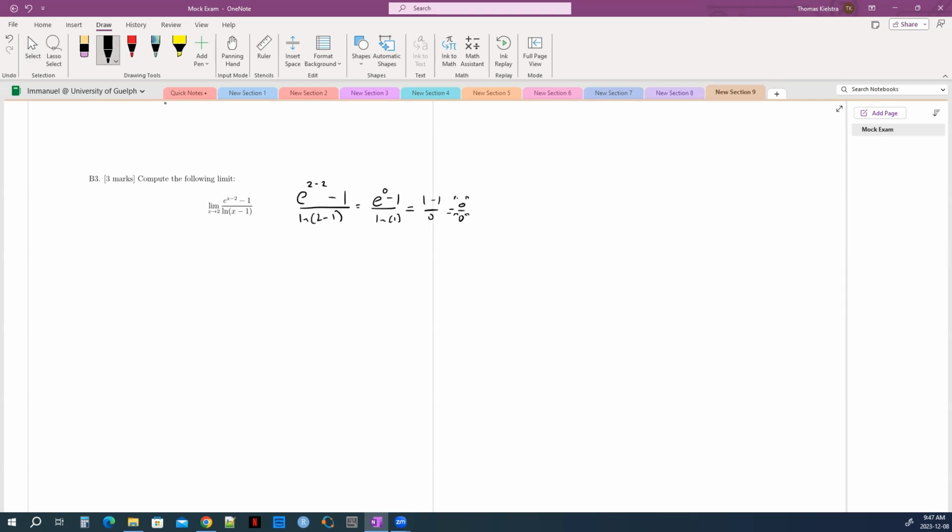We look here: is there a nice way to multiply by 1 over x or some other thing? No, there really isn't. But we have this 0 over 0, so L'Hopital's rule.